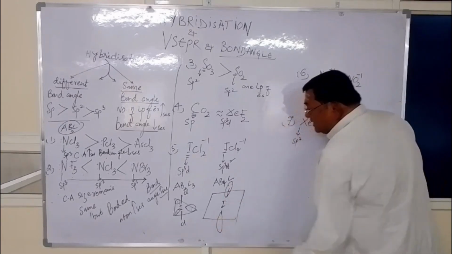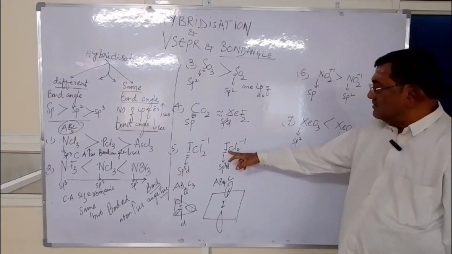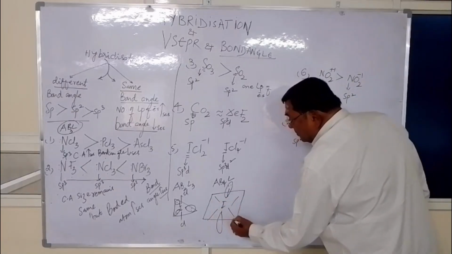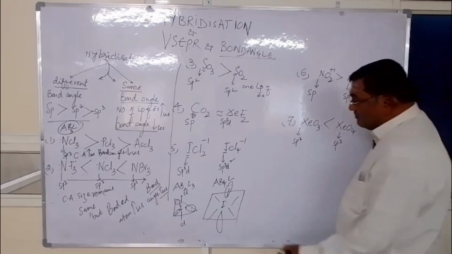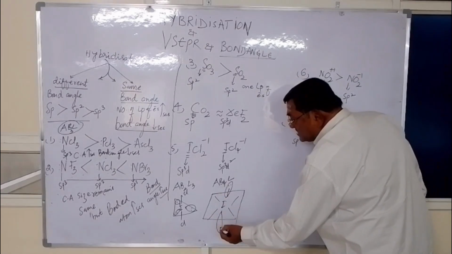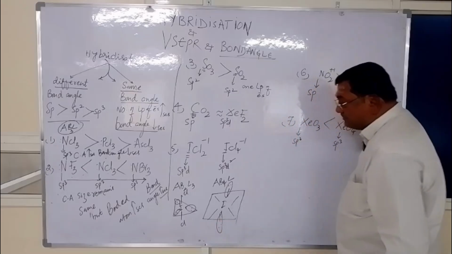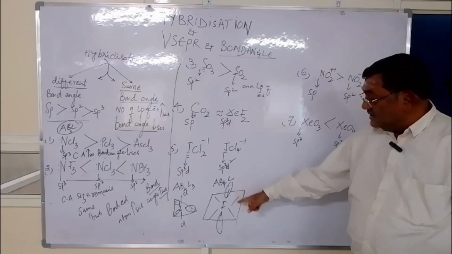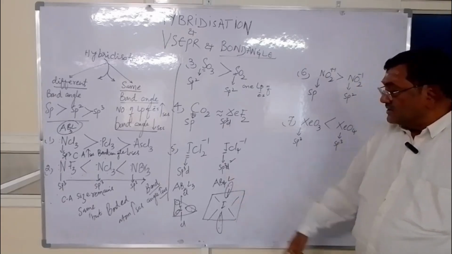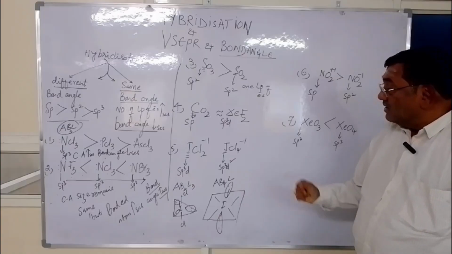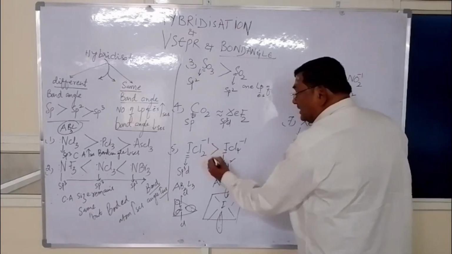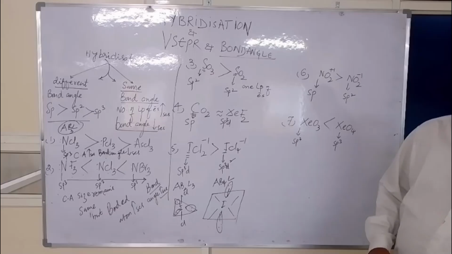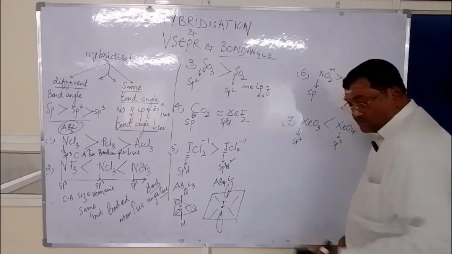So that's going to be ICl4 minus. It's one of the interesting cases. So it's going to be a square planar shape, and that one is going to be a linear shape. But this one is going to have more bond angle. Right? So this is what we have seen with respect to this, children.